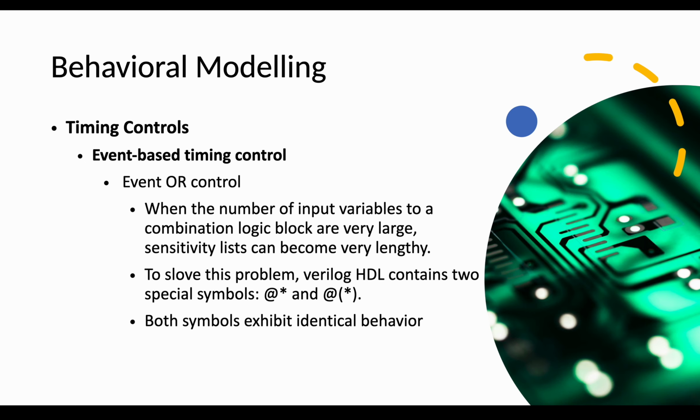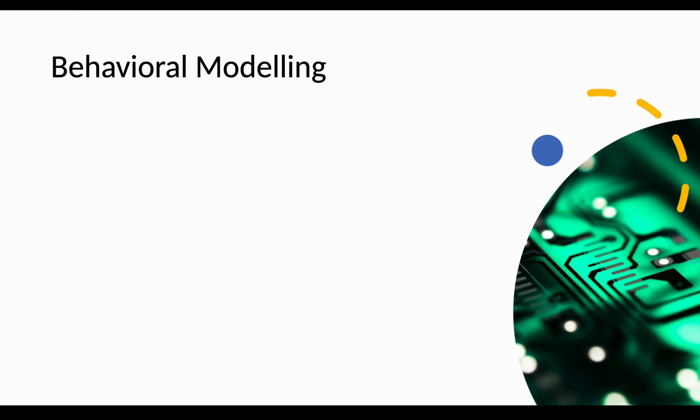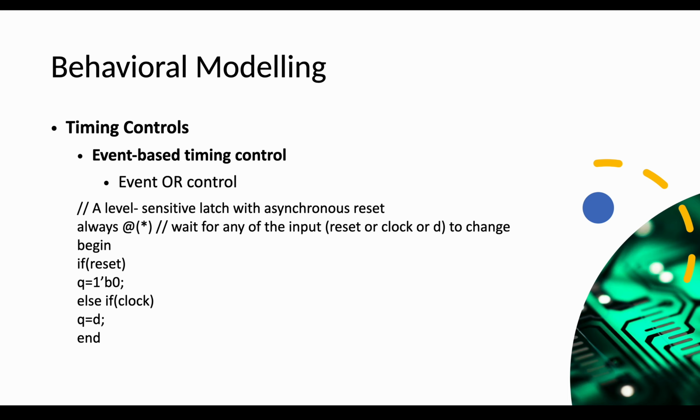To solve this problem, Verilog HDL contains two special symbols, @* and @(*). Both symbols exhibit identical behavior. So instead of writing reset or clock or D, we can simply write @*. If all the inputs have to be represented inside the sensitivity list, you can simply write *.